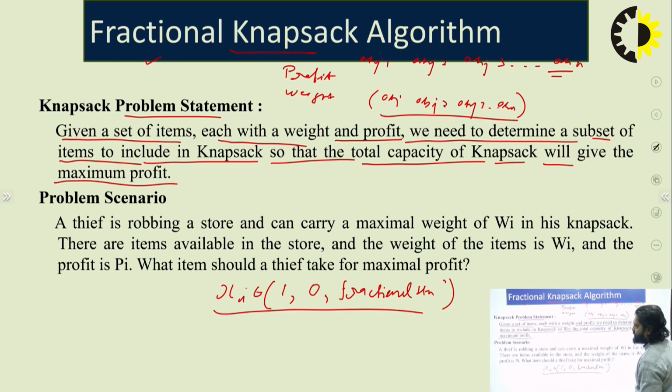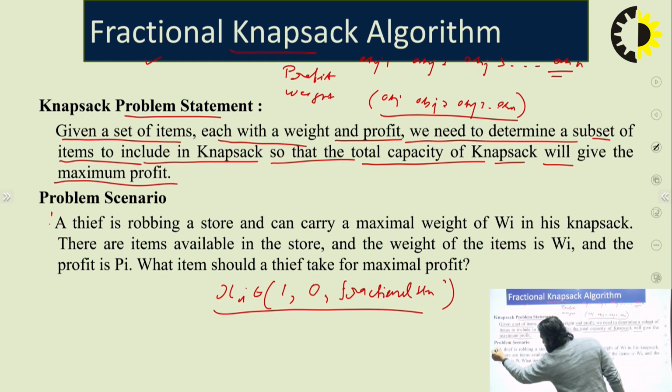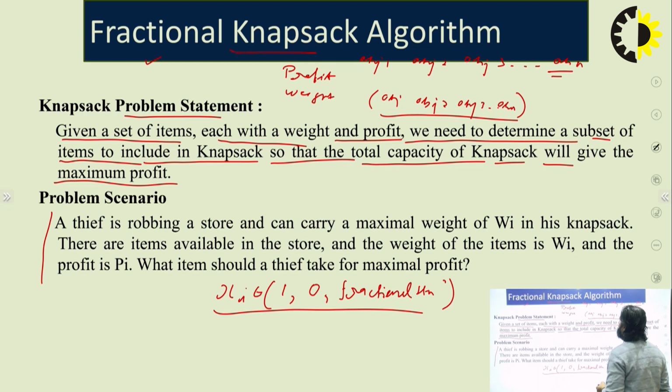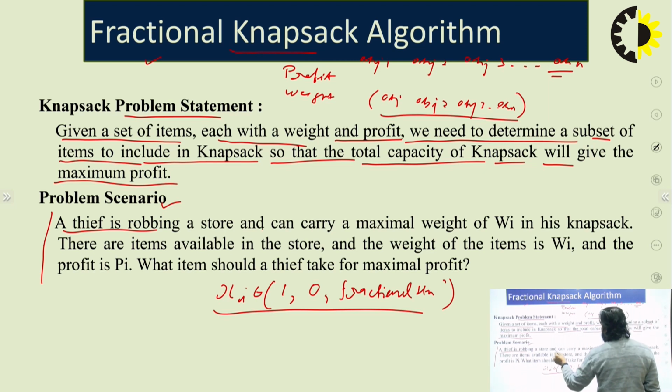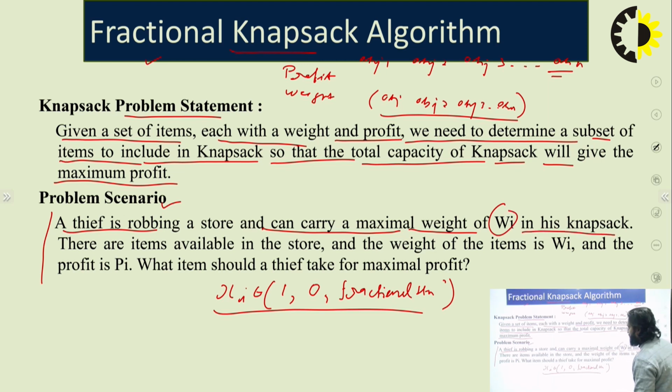Okay, now we discuss a scenario to better understand the knapsack algorithm. A thief is robbing a store and can carry a maximum weight of W in his knapsack. A knapsack is basically a bag.